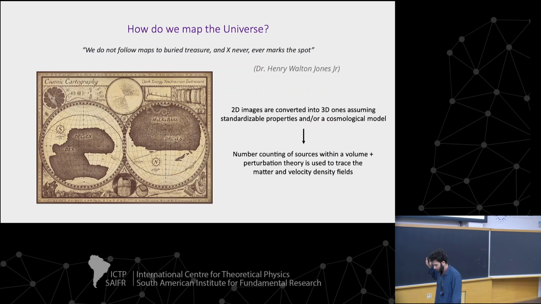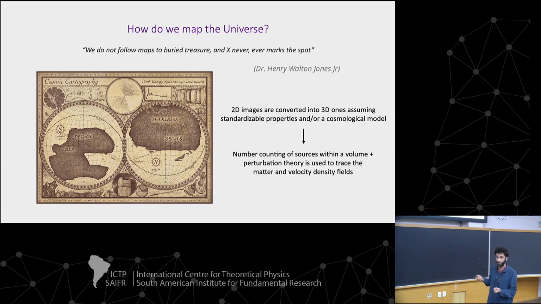Well, because at face value, we can observe only a two-dimensional projection of the sky. So we speak about a three-dimensional universe, but everything we have at the end of the day is dots in the sky. And to go from dots to something that is mapping a volume, we need to rely on cosmological stuff that has standardizable properties.